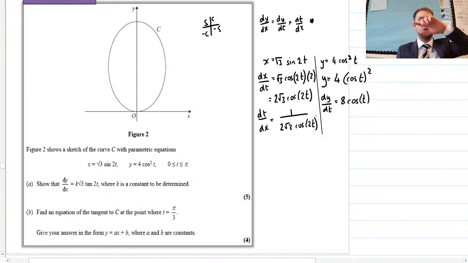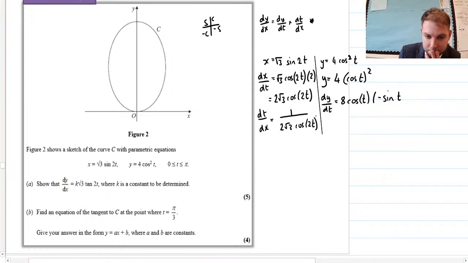Now the difference with this one is the 2 is the outer layer, but inside that, we've also got cos. So we need to differentiate the cos and then multiply by that. Now cos differentiates to minus sine. So this is going to be times by minus sine of t.